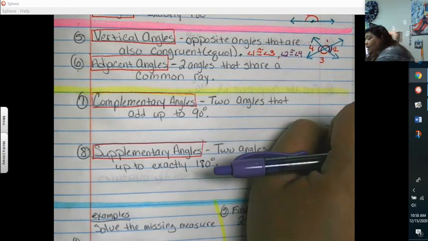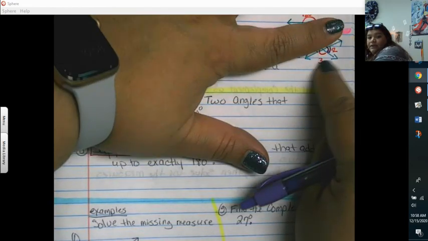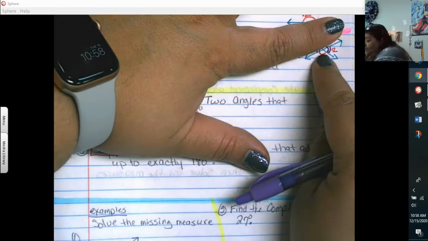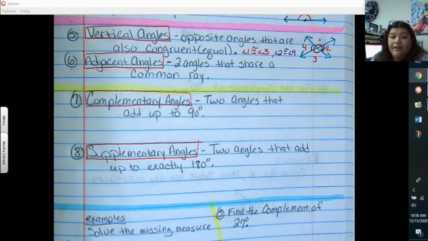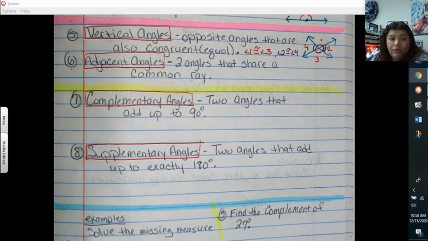Which means angle 2 and 3 should equal 180. Angle 1 and 4 should equal 180. And you can go around the whole thing. But opposite angles are equal on vertical angles, and they are created through 2 intersecting lines.